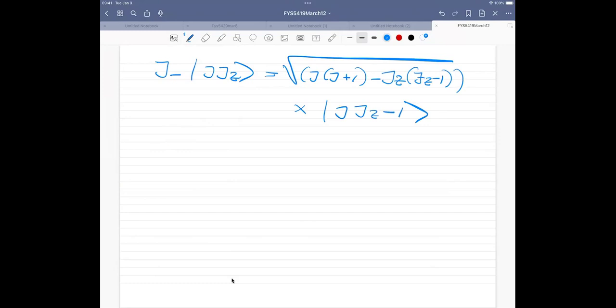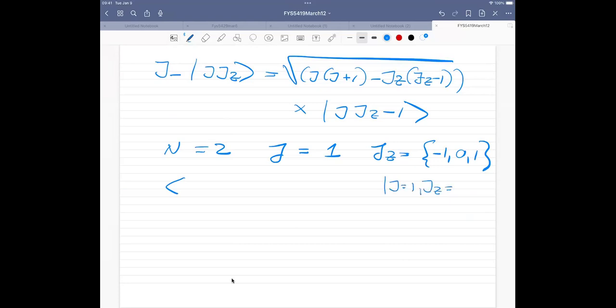So if I now look at the case again with n equal to 2 here and J equal to 1, which means that they have a degeneracy, which is given by minus 1, 0, and 1, then what we will see when we are setting up the full Hamiltonian matrix, we will now need to look at the different states, because this is going to give us a J equal to 1 and a JC equal to minus 1, which we identified as this specific state. 1, 2, spin down, spin up, right?